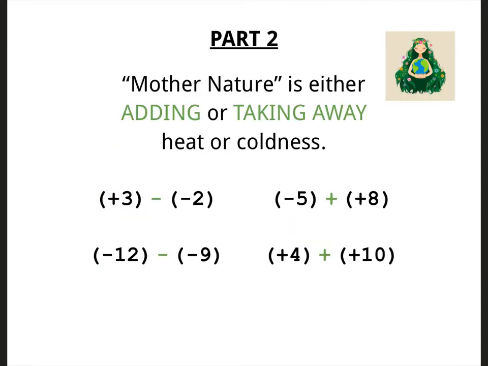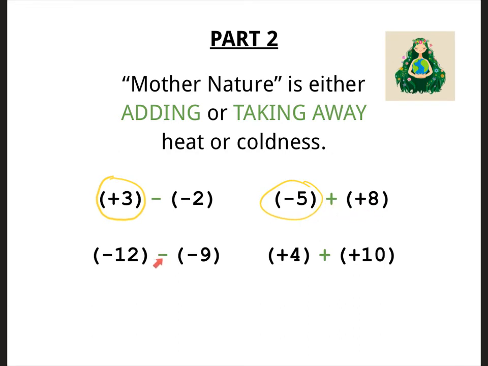Part 2: Mother Nature is either adding or taking away heat or coldness. In this example, the current temperature is +3 outside, and Mother Nature is now taking away something. Over here, the current temperature is -5, and Mother Nature is adding something.